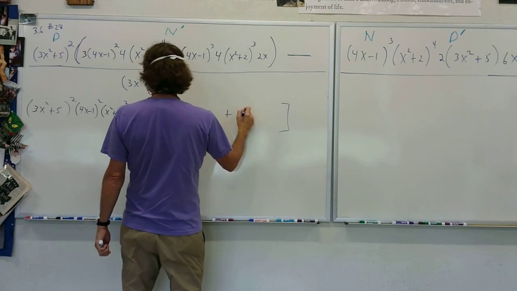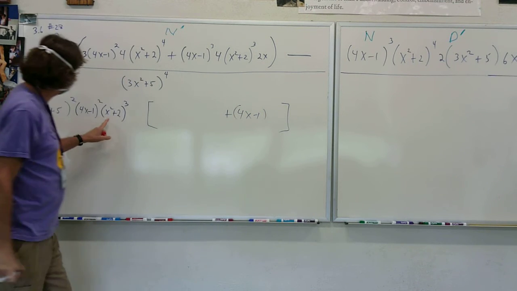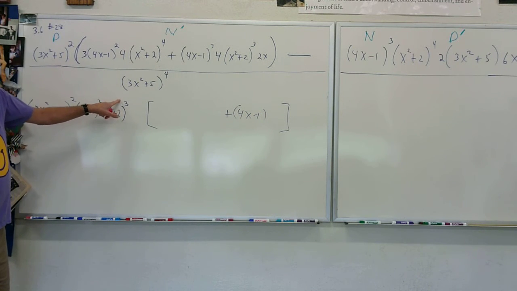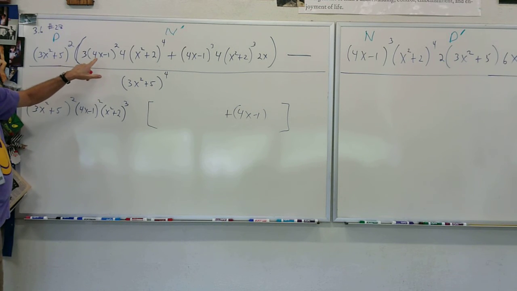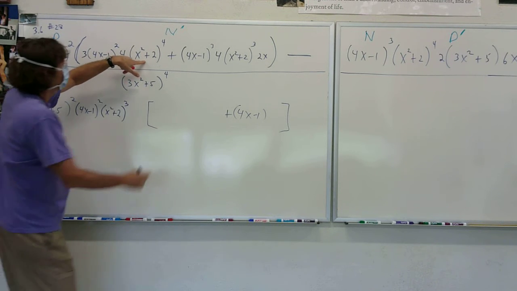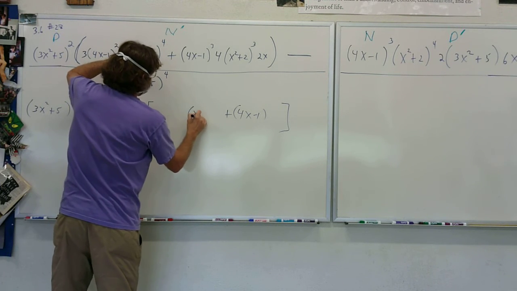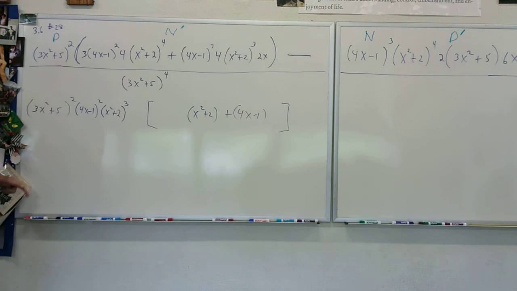Okay, what's already left over here? 4x minus 1. Now, when I take out the x squared plus 2 cubed, this one divided out, but there's one power of that left, right? It's going to be in front of the plus sign. Now, oh, check this out.